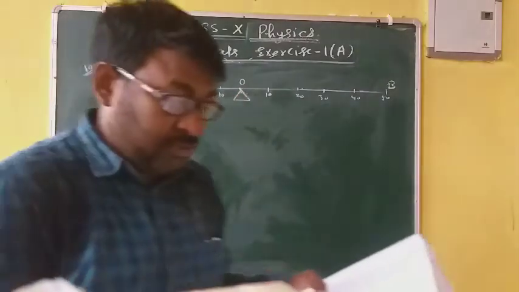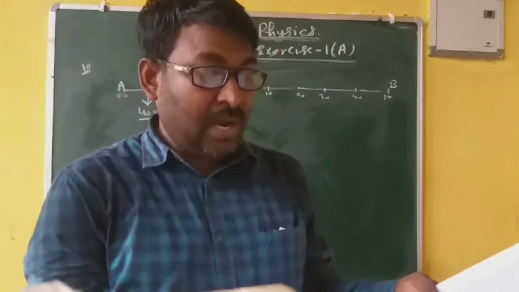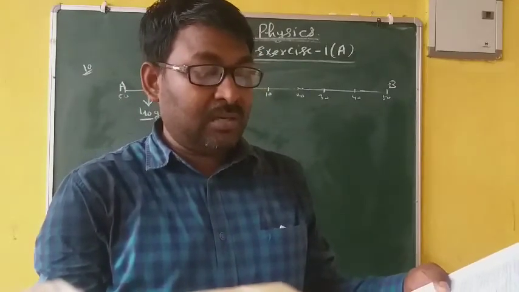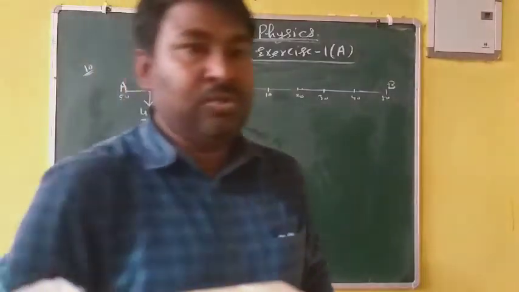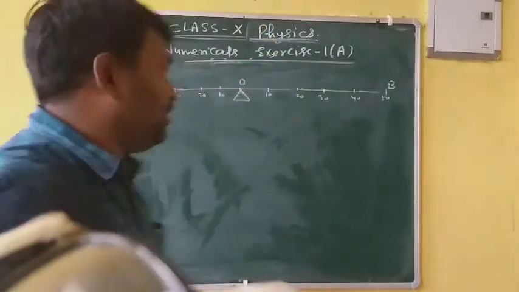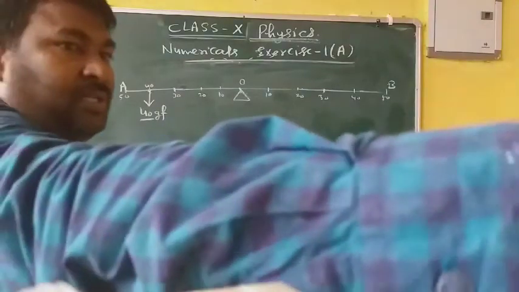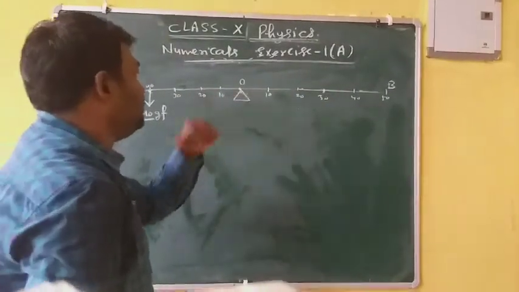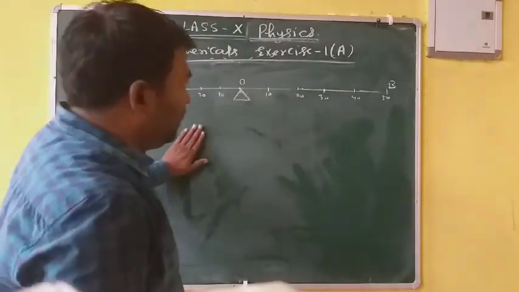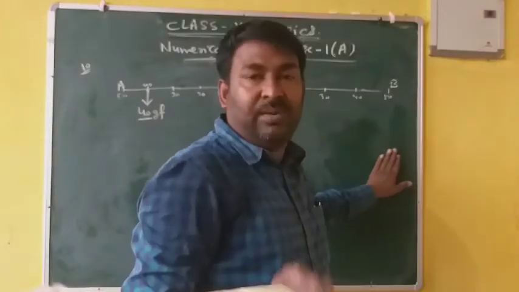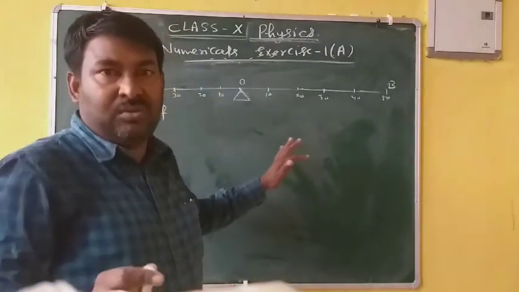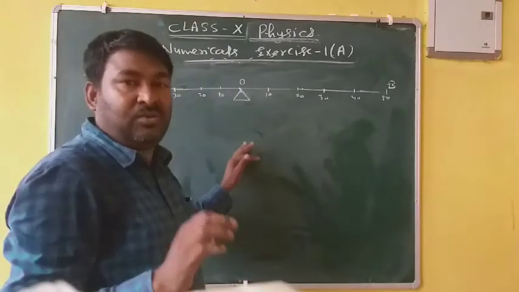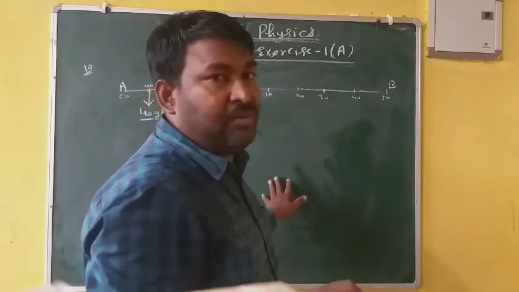The question is: how can you balance the bar with a weight of 80 gram force? You have to take a weight of 80 gram force and think about how to balance it. In the condition of balancing or equilibrium, the clockwise moment must be equal to the anti-clockwise moment.